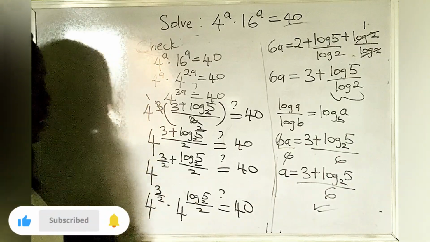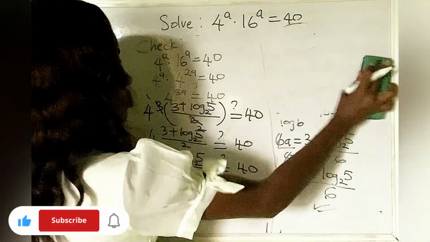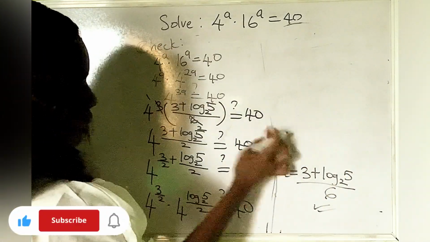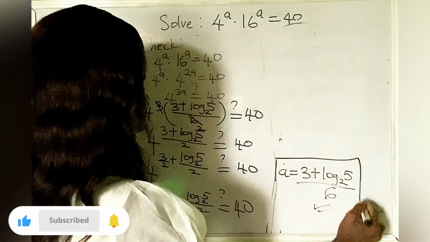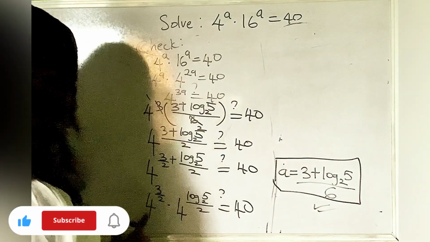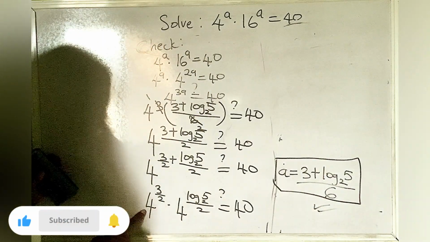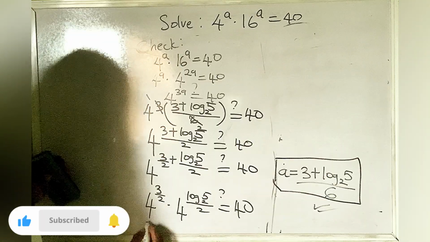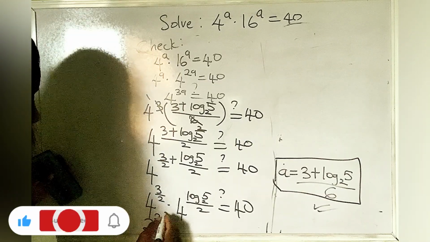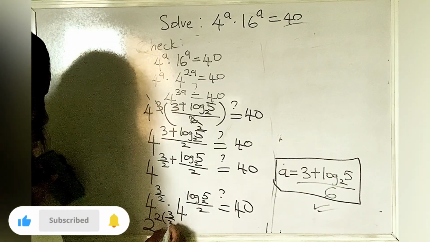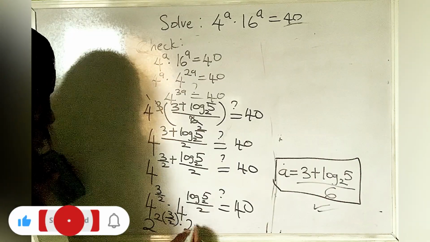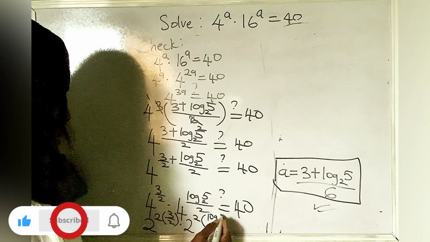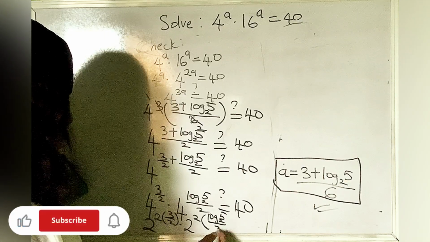So let's simplify further. This is the answer we got. So we are trying to verify this answer. So this is 4 to the power of 3 over 2. We can rewrite this as 2 raised to power 2, open bracket 3 over 2, multiplied by 2 raised to power 2, open bracket log 5 base 2 over 2.